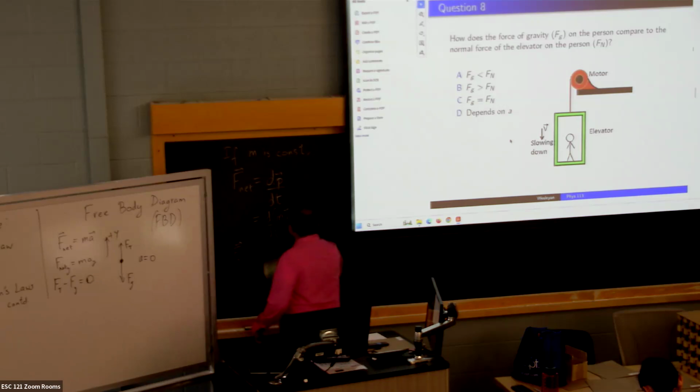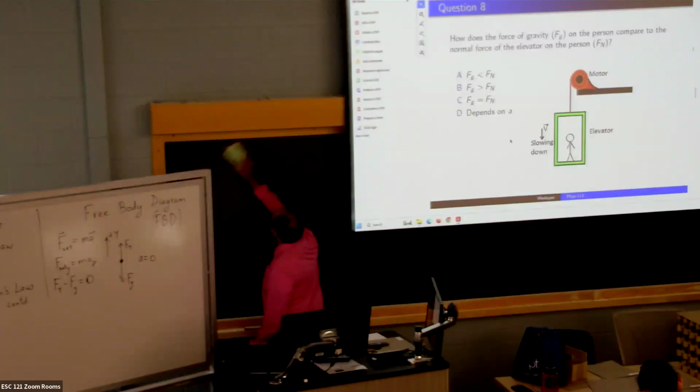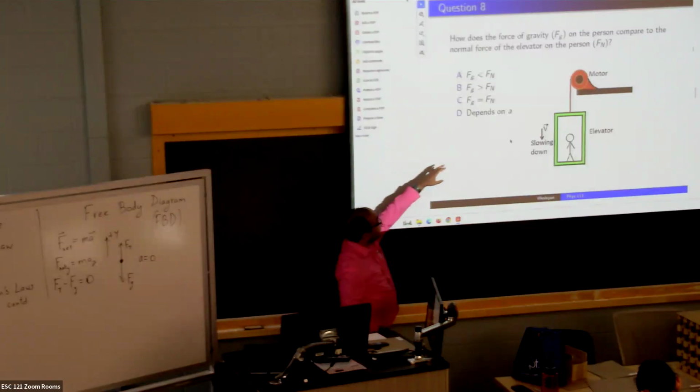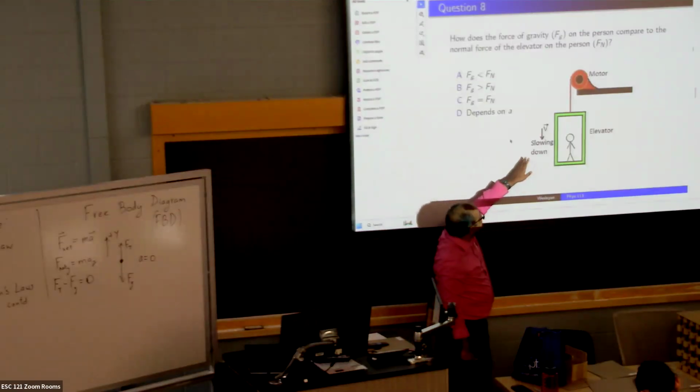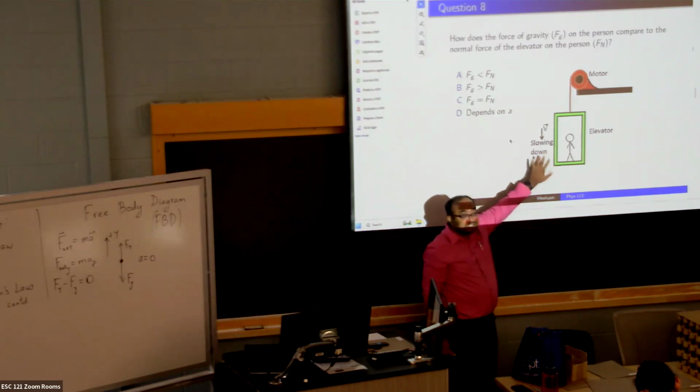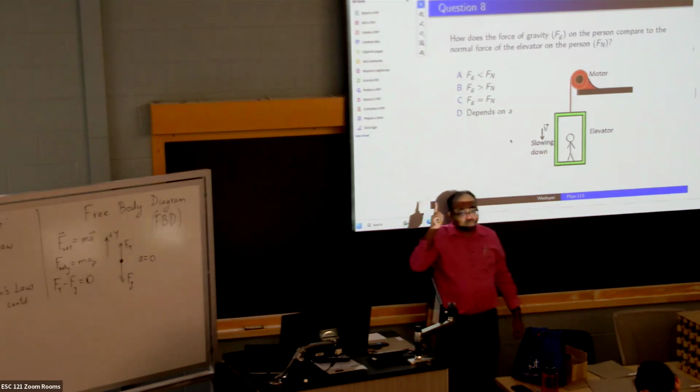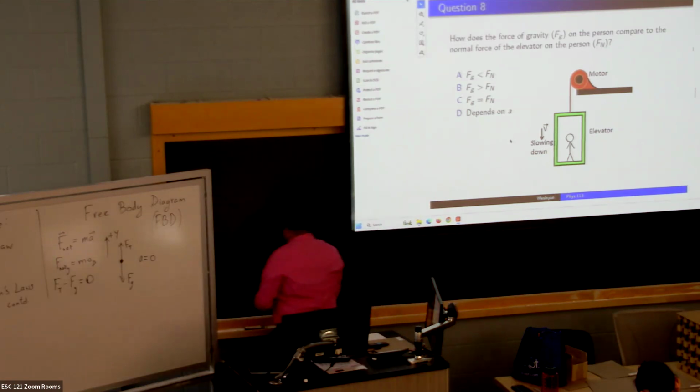As Najveer said, we're told that the velocity of the elevator and the person are downward, but we're also told that it's slowing down. So that tells us that the acceleration is upward, right? In the positive y direction.